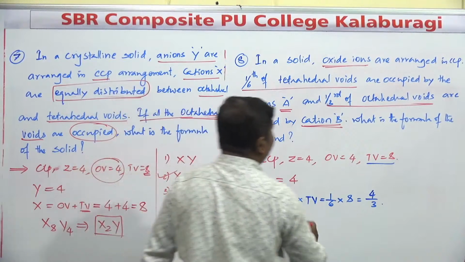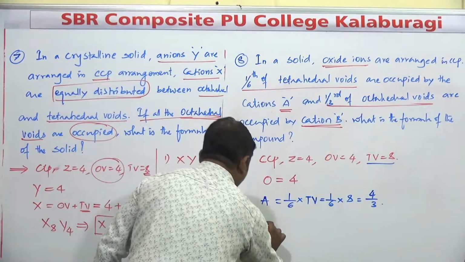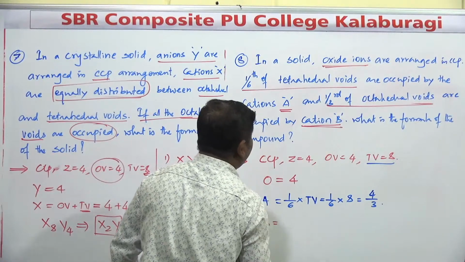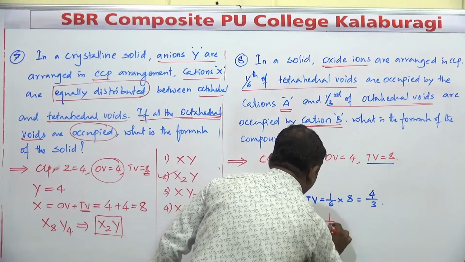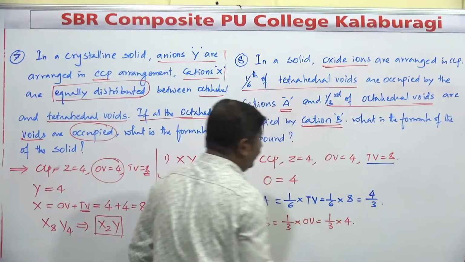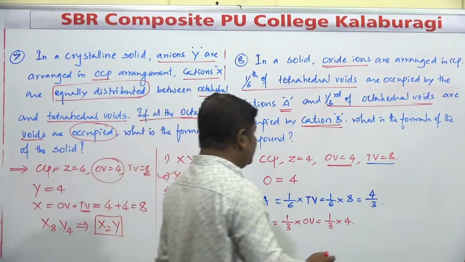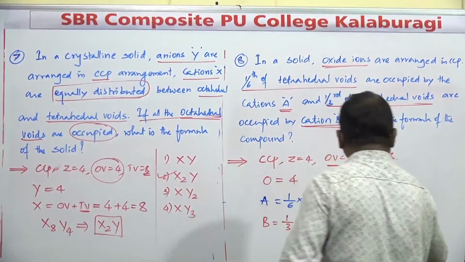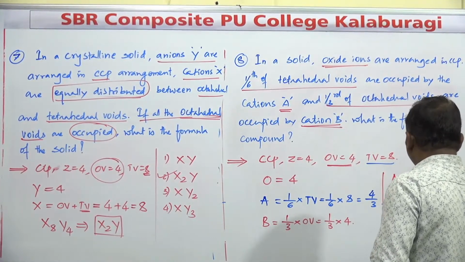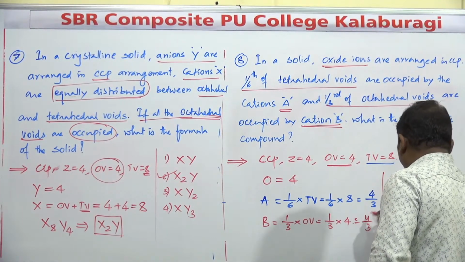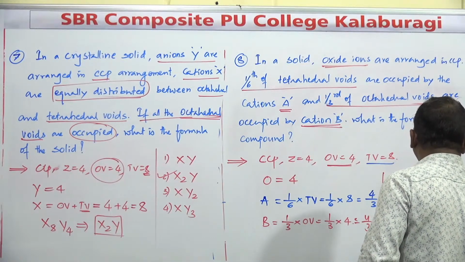Then what is the position of B? 1/3 of the octahedral voids are occupied by the cation B. So B is equal to 1/3 into 4. Why is it 4? Because octahedral void is equivalent to 4. Then what is the simplest formula of the compound? A value is 4/3, B value is also 4/3, and oxide is equal to 4.